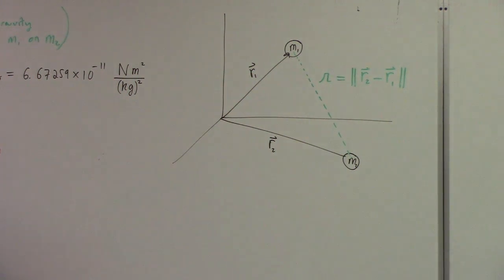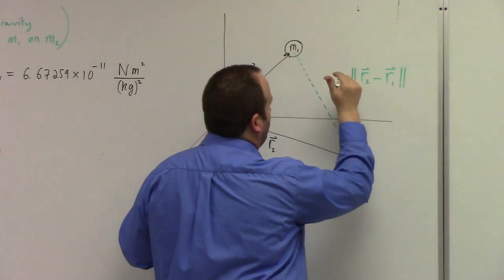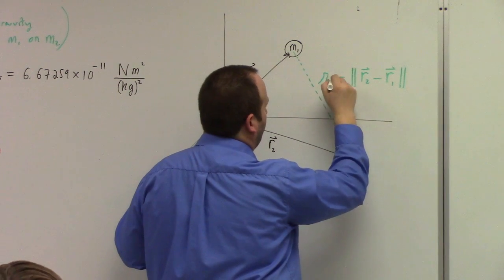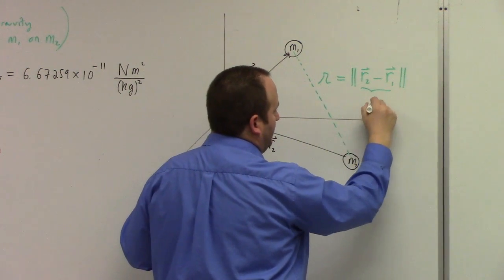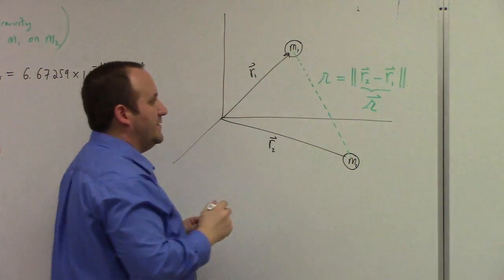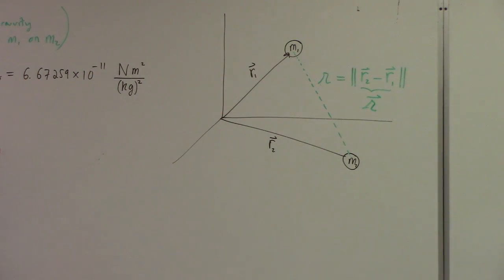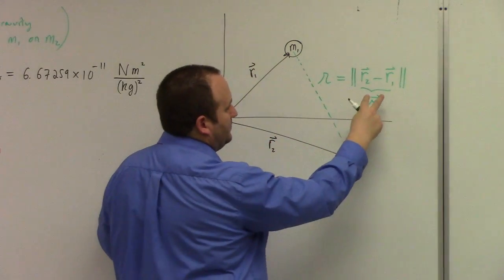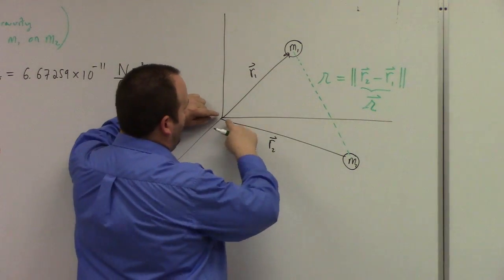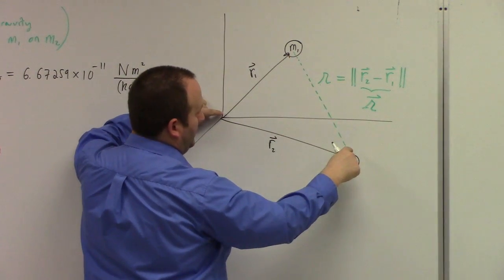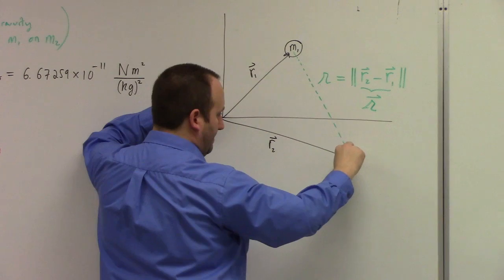Let's see here, and then script r vector is what? Suppose I call this, I can't draw it worth anything. Script r plus R1 is equal to R2, right? So that means script r is going like this.